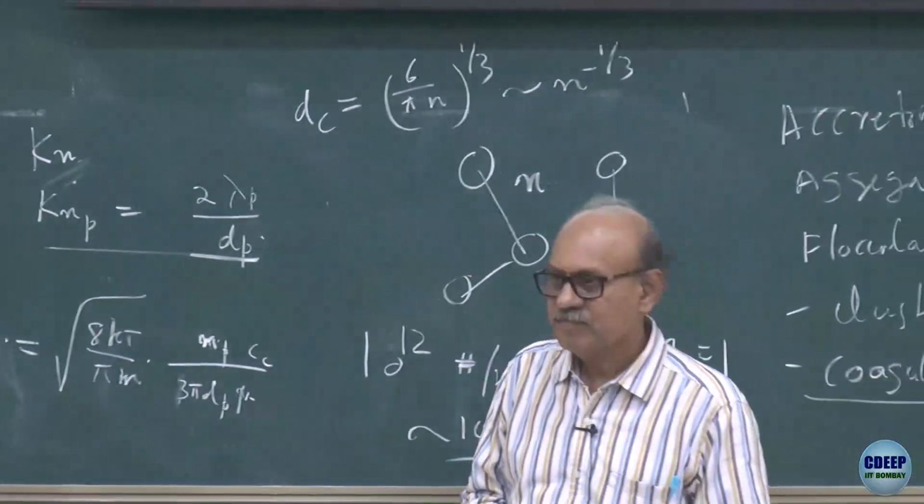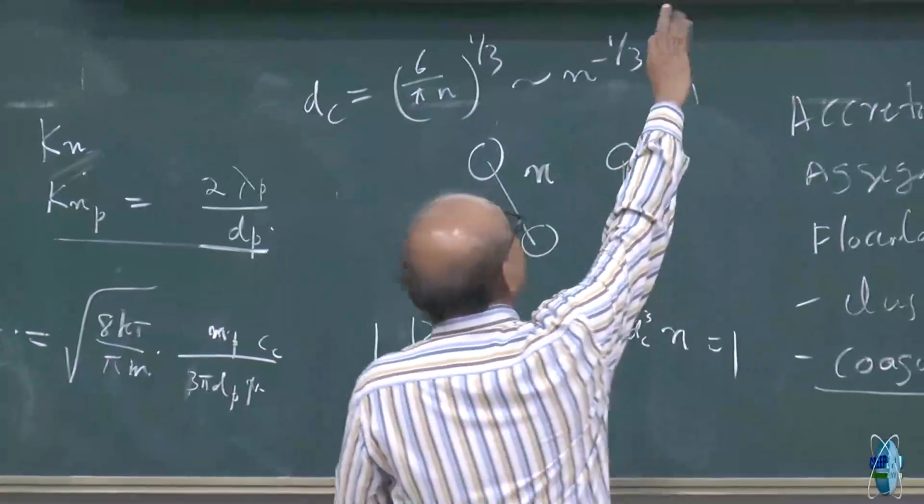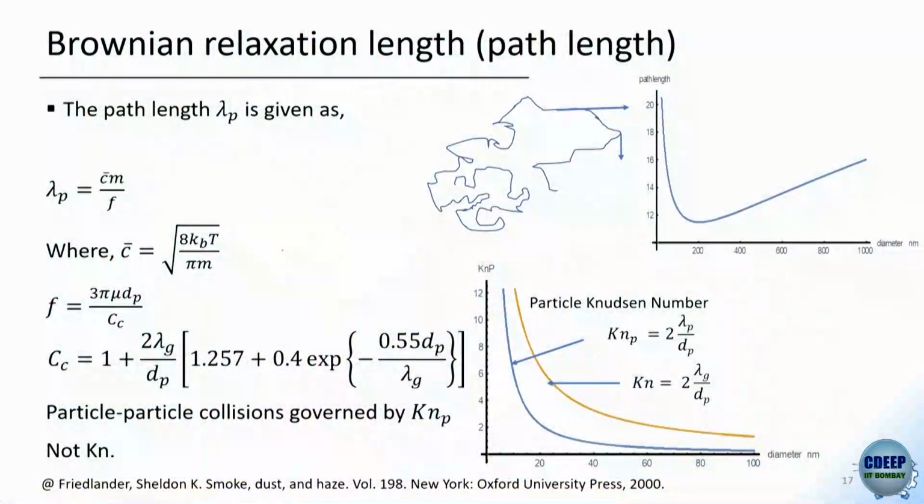And what is the order of this lambda p? 20 nanometers. You can see that it varies, goes to 12 and up, but generally it was taken as of the order of 20. It comes down to 10; you can see the minimum is at 10. It is the same as the path length. Called the Knudsen number.